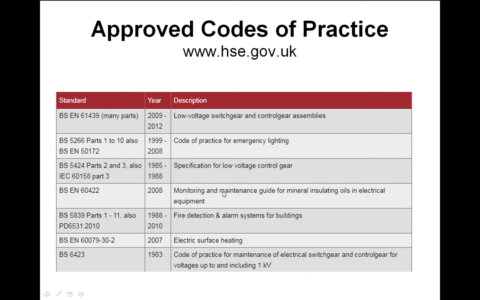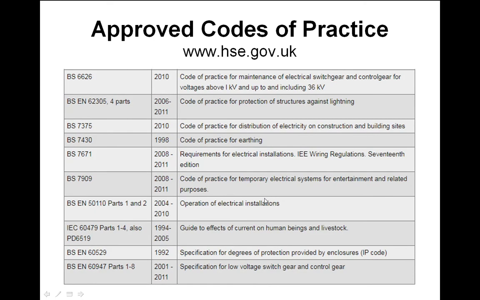Then there's the specification for low voltage control gear, the monitoring maintenance guide for mineral insulating oils and electrical equipment, fire detection and alarm systems for buildings, and so on. Just a few more codes. I'm not going to read through them, and there's nothing particularly relevant to what we are doing here. Code of practice for earthing, we talked about that for 308.